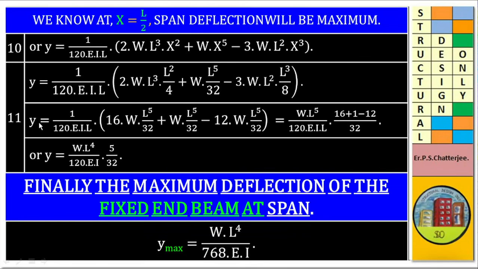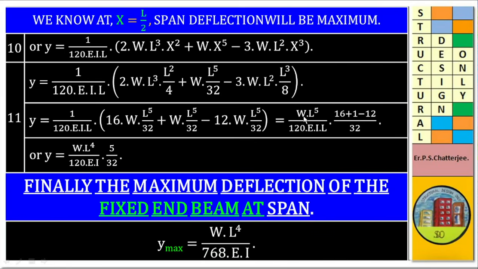Now y is equal to 1 by 120 EI into W L to the power 5 by 32 times (16 plus 1 minus 12), once again multiplying both numerator and denominator by 8 and by 4 so that the terms are over 32.